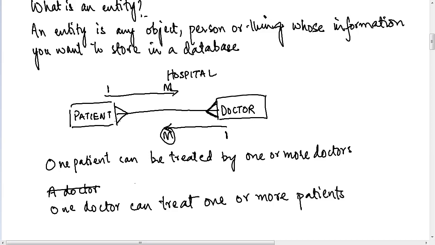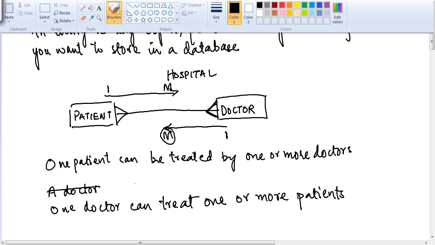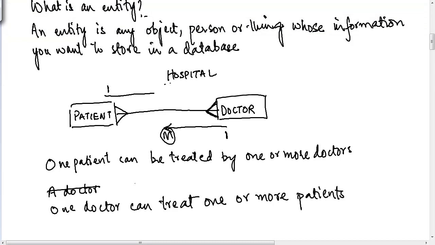Okay, now that we've defined the forward relationship and the backward relationship, we can just get rid of these arrows that we have here. Let me just quickly erase these arrows. We don't need them anymore.